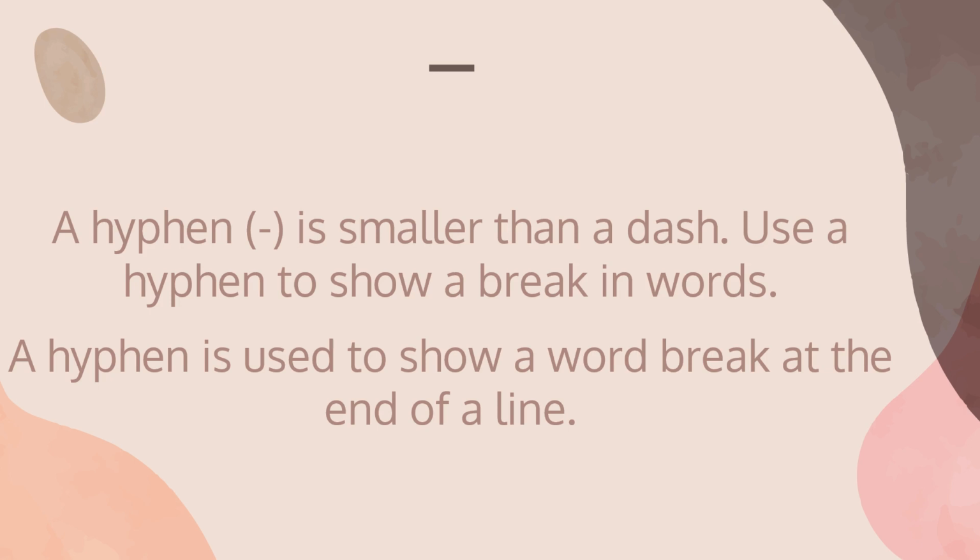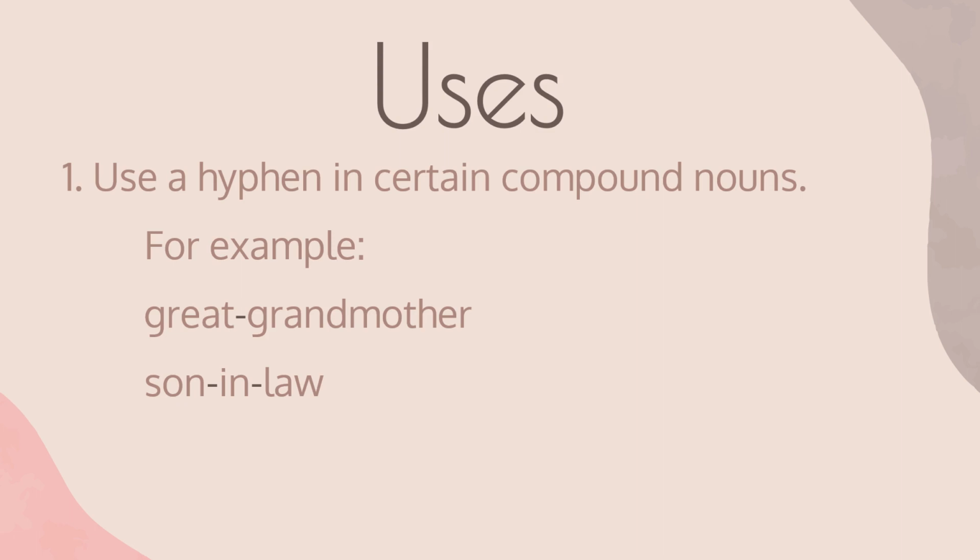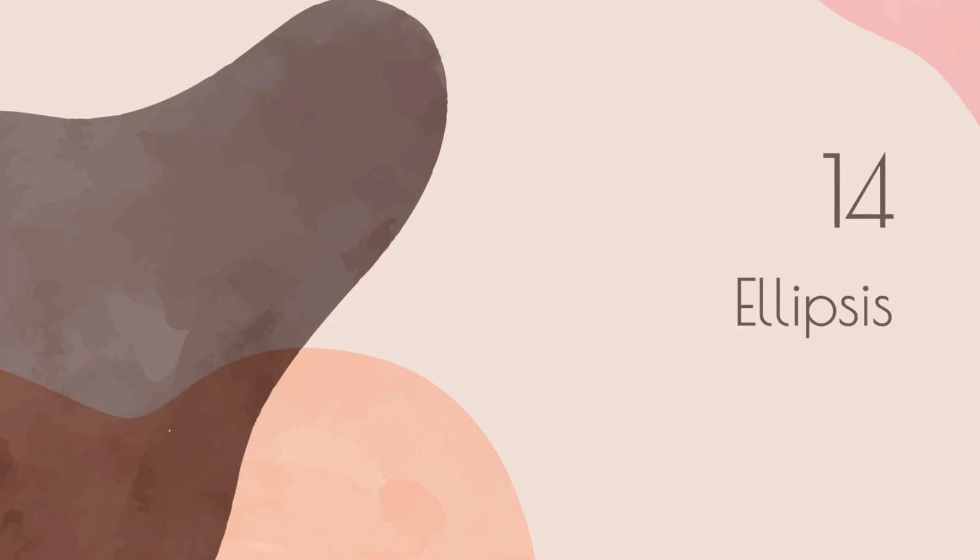The next use is in certain compound nouns, which you've already studied. Remember compound nouns? For example, great-grandmother, son-in-law. We are using hyphens to connect all these words and make them compound nouns.